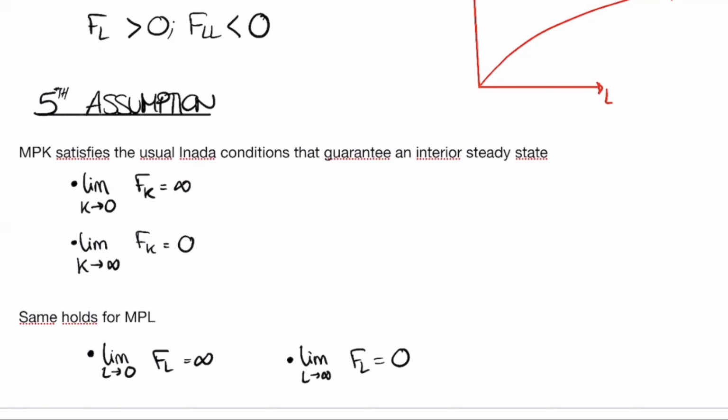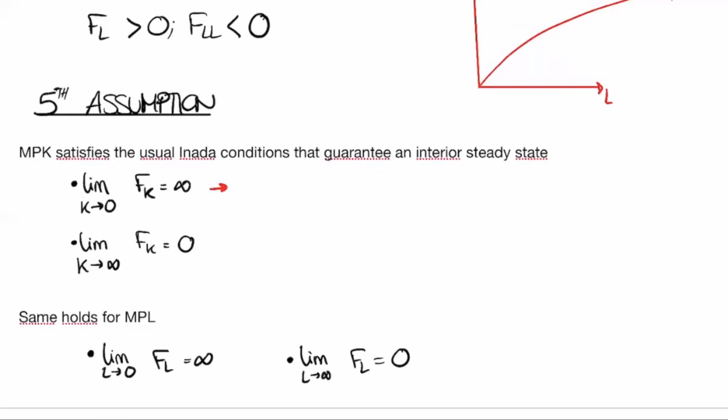That's something that we will discuss later on in this model, but for you to have it, the Inada conditions that we're looking at are the fact that the limit when K approaches 0 of the first derivative of the production function with respect to K, so F_K, is equal to infinity, and limit when K tends to infinity of the same F_K is equal to 0.